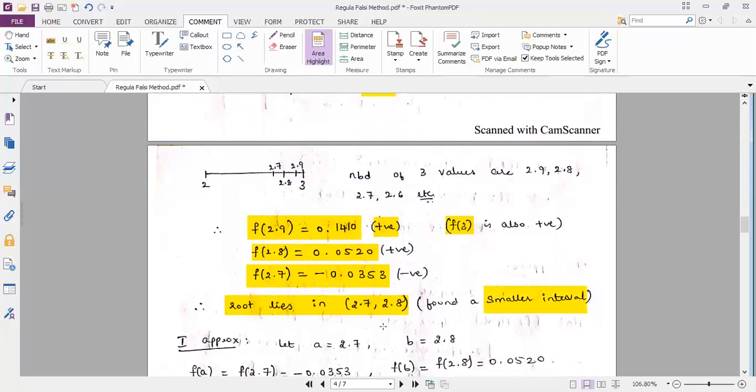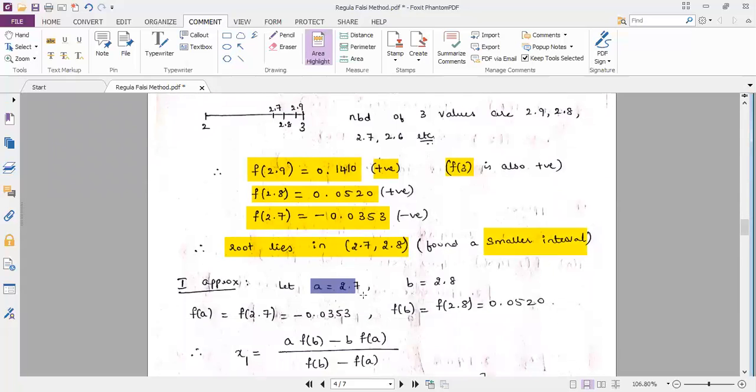Now let us consider 2.7 as A and 2.8 as B. F values are already found out. The same thing we are rewriting once again. F of A is minus 0.0353, and F of B, which is F of 2.8, is 0.0520.